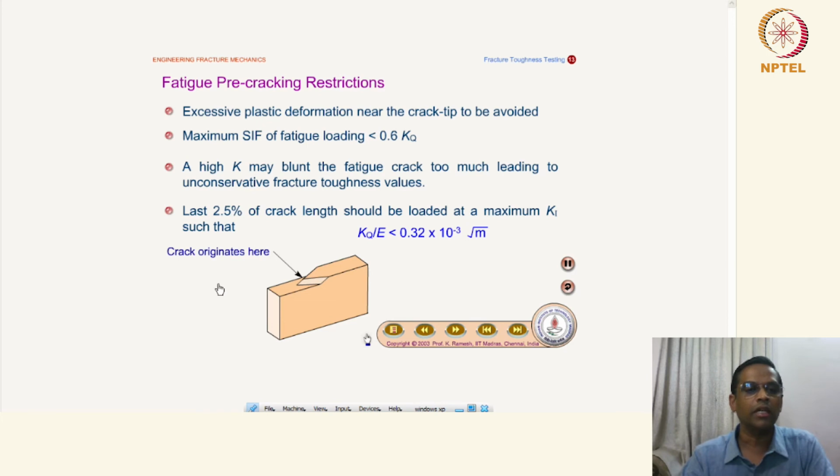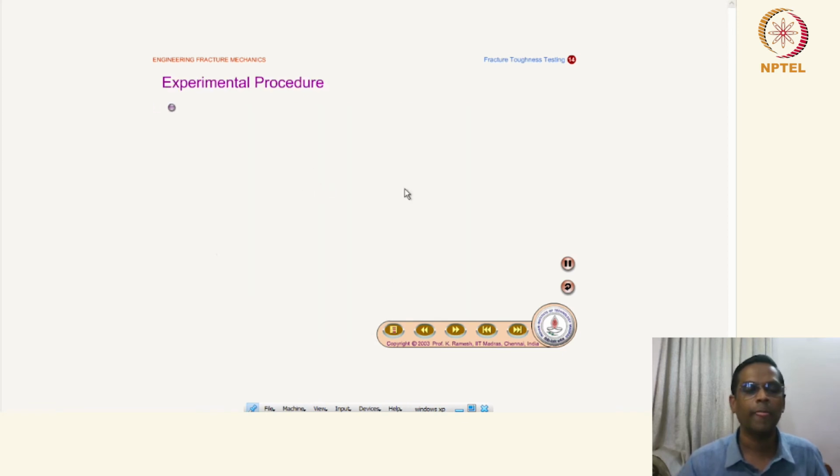This again shows how the crack originates and propagates further. Some experimental procedures use special fixtures to load the pre-cracked specimen.